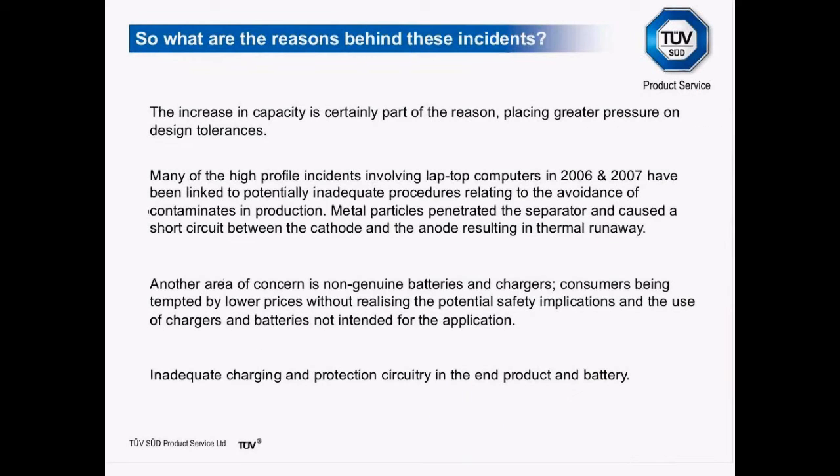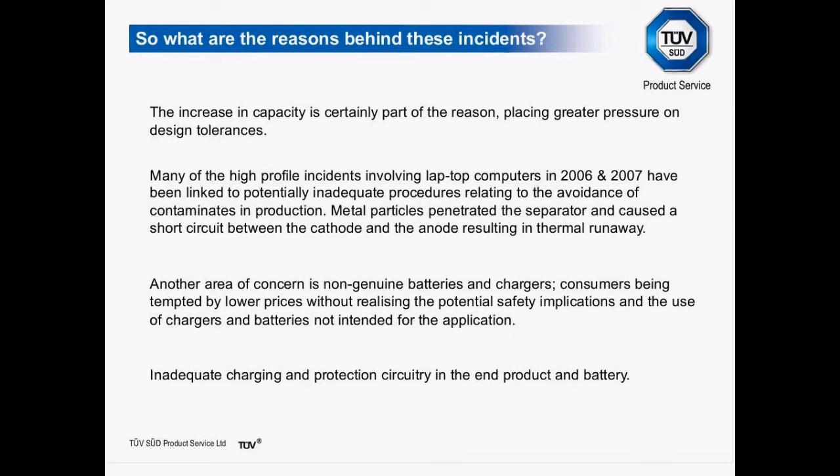So what are the reasons behind these incidents? As there's a lot of pressure on the cell and battery manufacturers to increase capacity and reduce size, there's a lot of design pressure on the design tolerances of the cell or the battery pack.